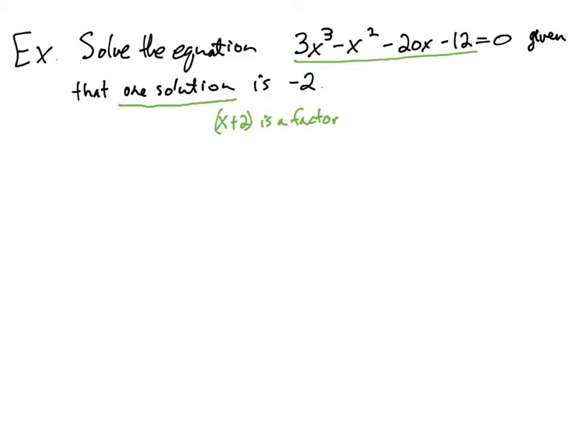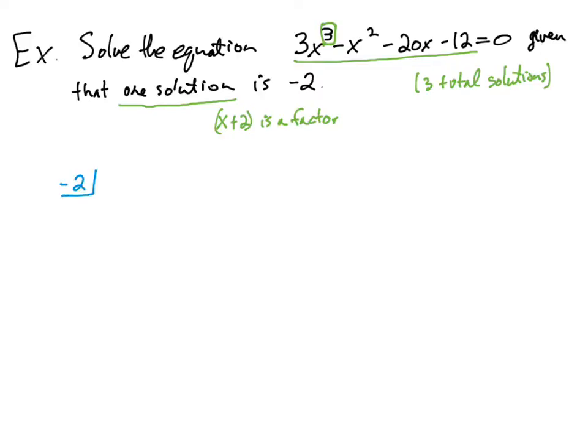Well, how many total solutions are there going to be? There's going to be 3 total solutions. And the reason we know that is because this is degree 3 here. So whatever the degree of the polynomial, that tells us how many solutions there are. And again, that also means how many zeros there are. Okay, so negative 2 is a solution.